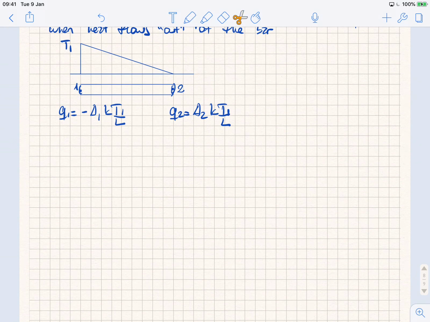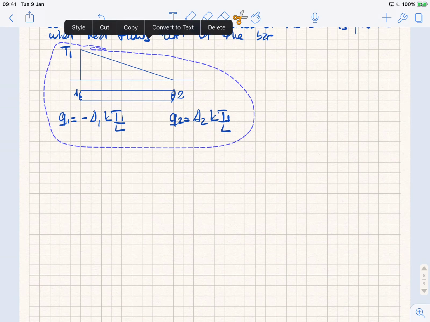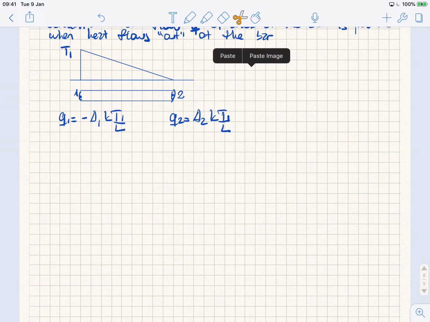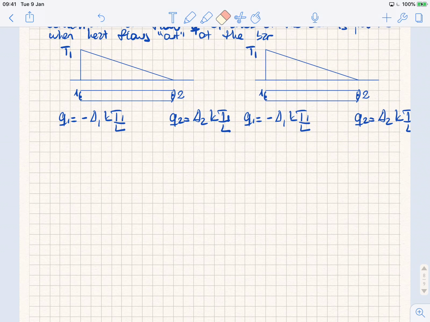Let me copy this again, but let's do it with a different one. So we're going to do it the other way around. So now we're going to have a temperature distribution that looks like this.